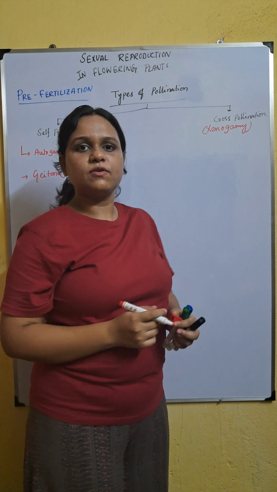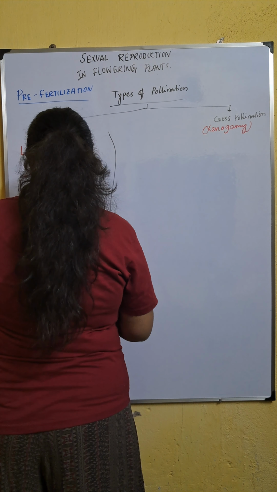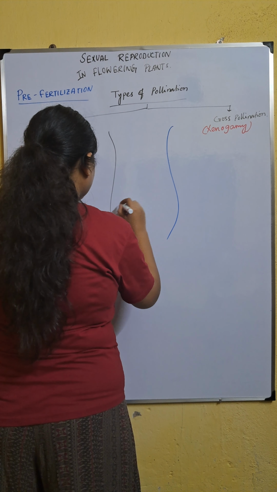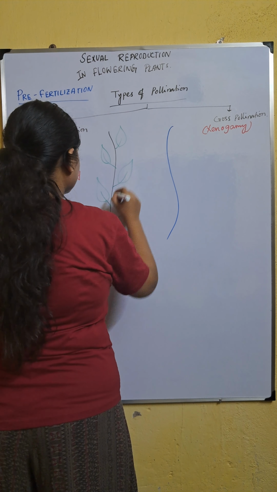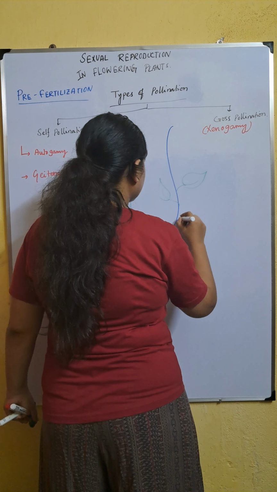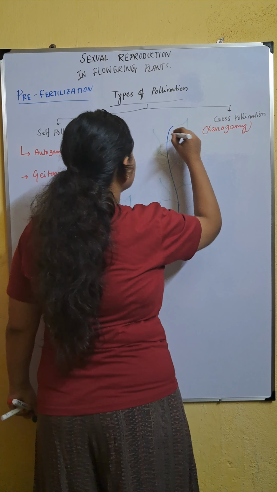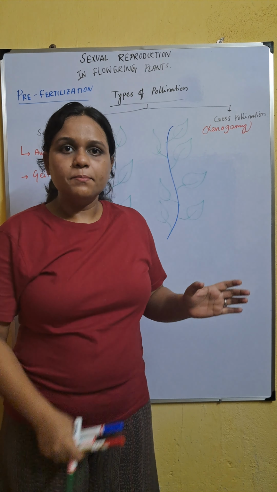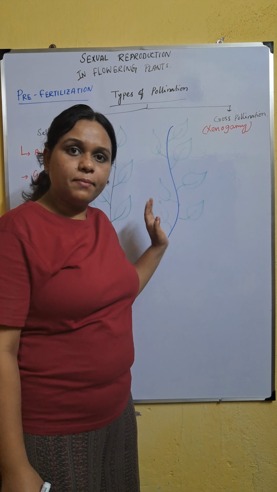Let's understand the different types of pollination with a diagram. This is the diagram of two plants of the same species, and cross-pollination occurs between two plants of the same species.